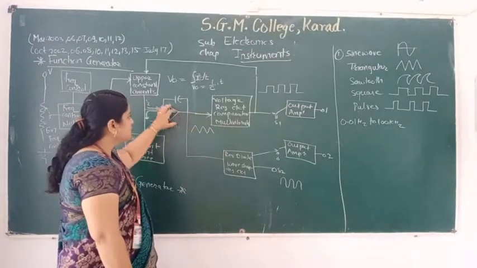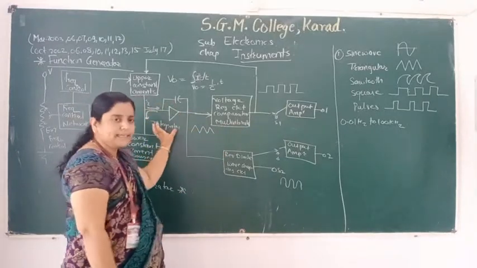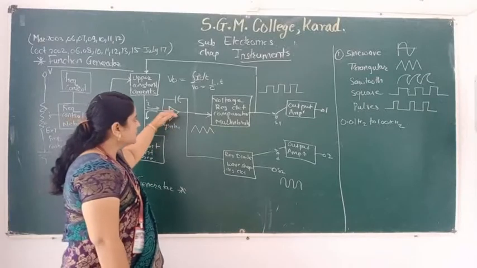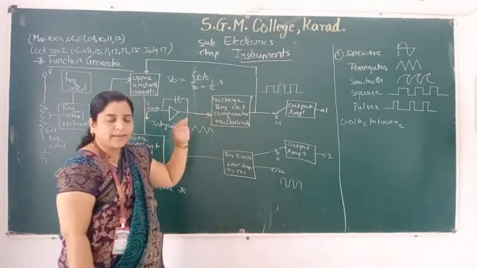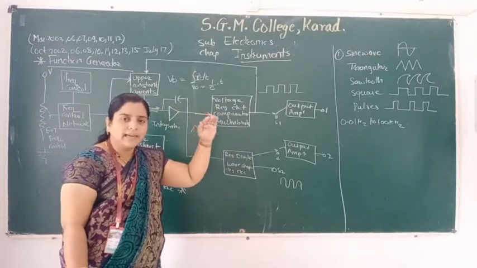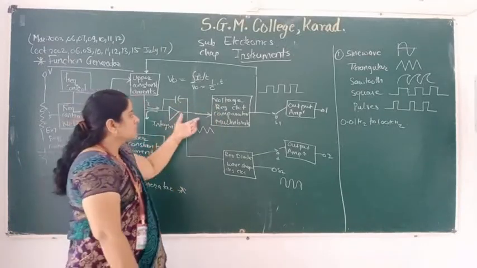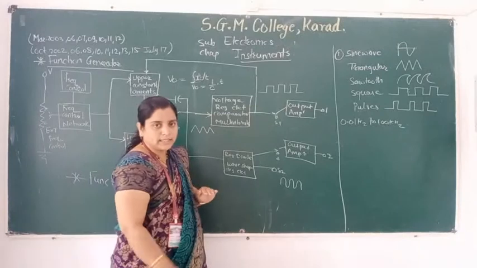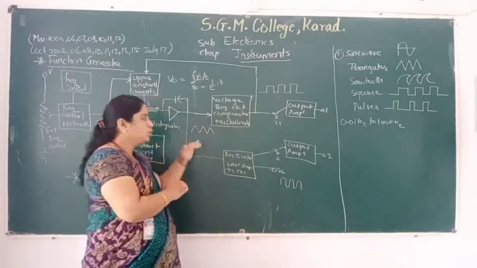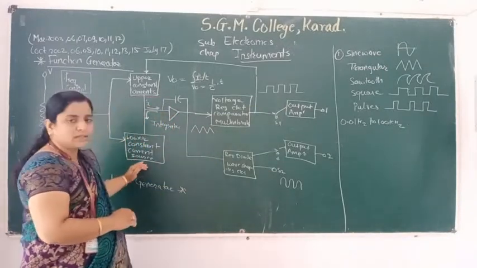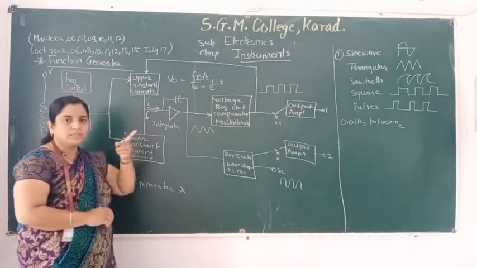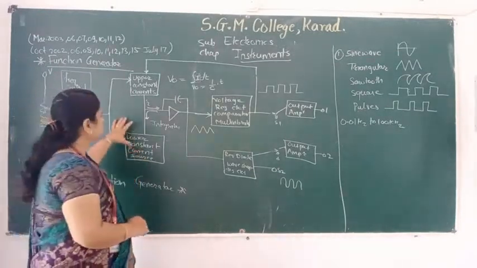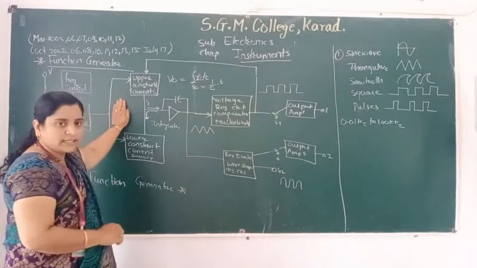So it takes the voltage from the integrated circuit, this voltage increases with respect to time up to a certain level. After that certain level, it cuts off that voltage and gives the voltage back to the lower current source.